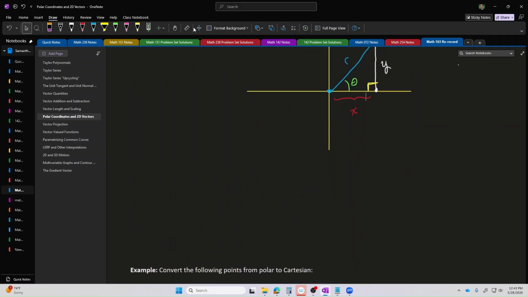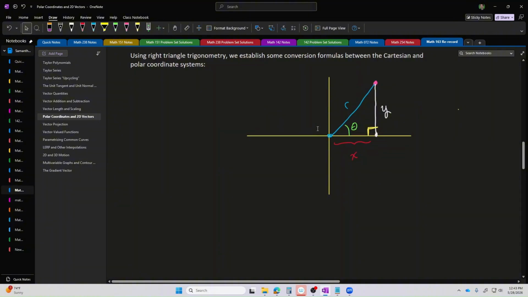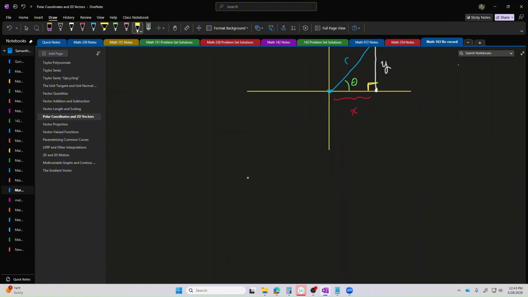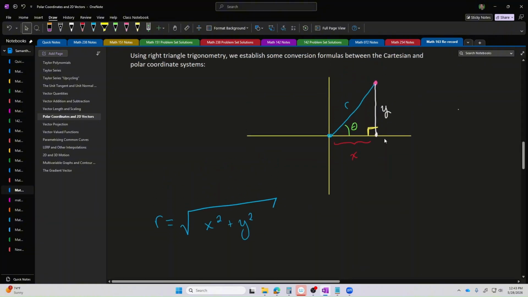For example, if I use the Pythagorean theorem here, I can establish a formula that will produce r given x and y. If I know x and y and I want to find r, I can find r by taking the square root of x squared plus y squared. That's just the Pythagorean theorem applied to this right triangle: one leg of length x, one leg of length y, and a hypotenuse of length r.